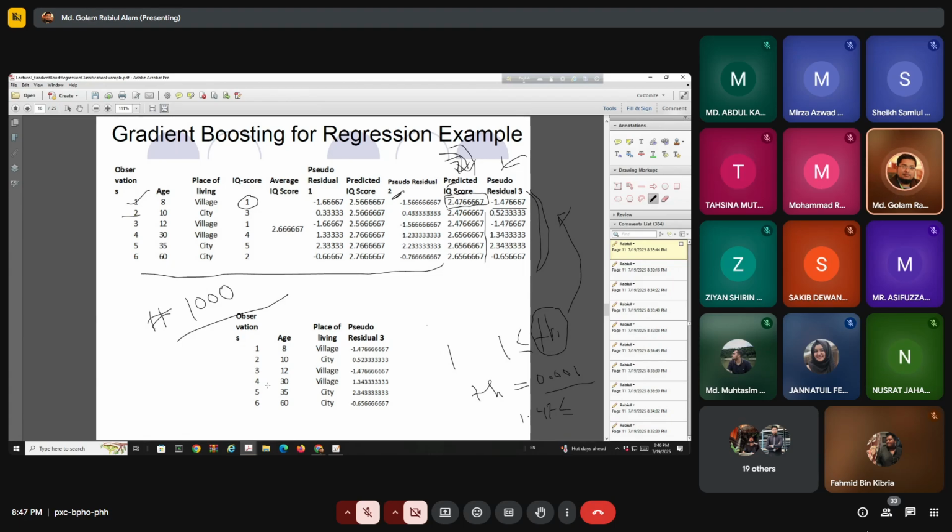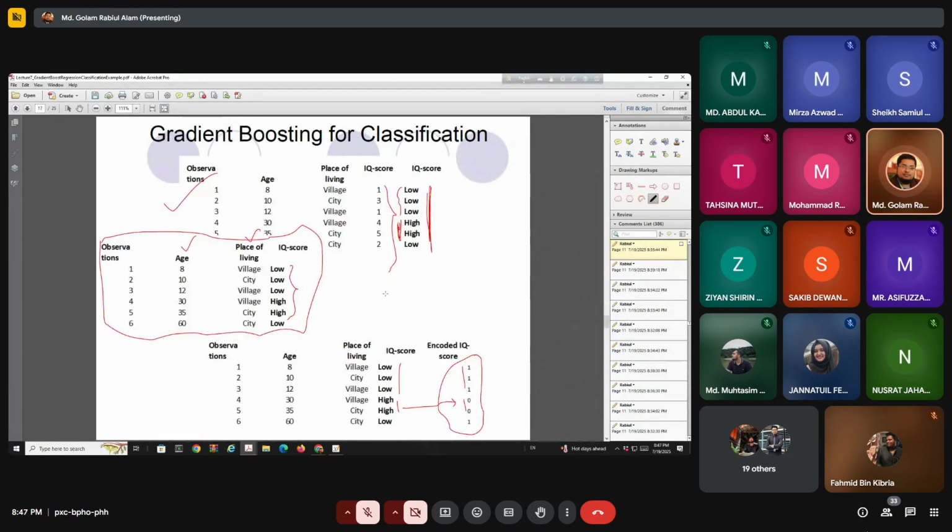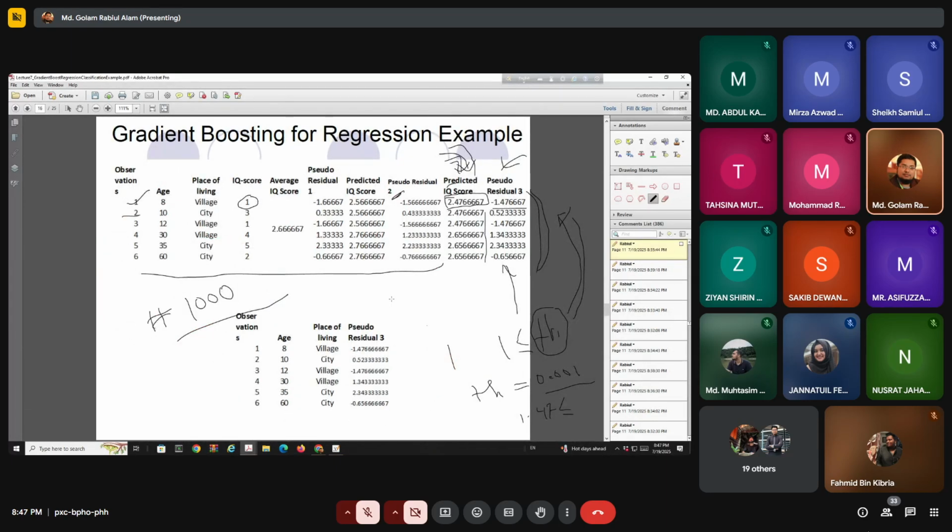After construction of 1000 boosting trees, either you can stop, or you can follow another stopping criteria utilizing the threshold. Absolute pseudo residual values will be less than the threshold. If you get that for all the cases, then you will stop iteration. So this is how gradient boosting for regression is utilized.